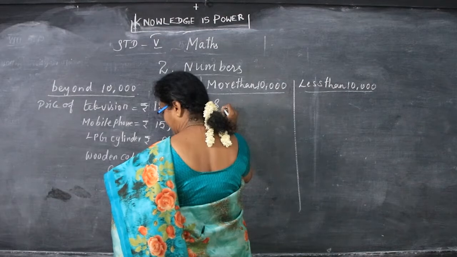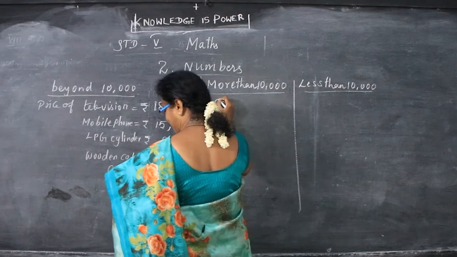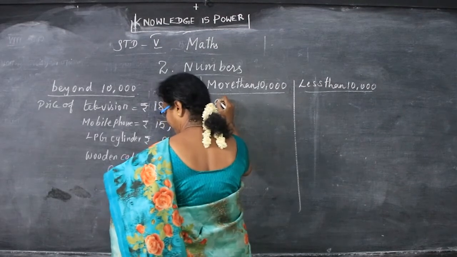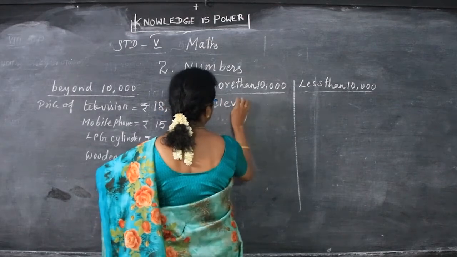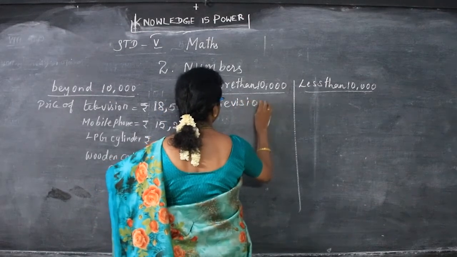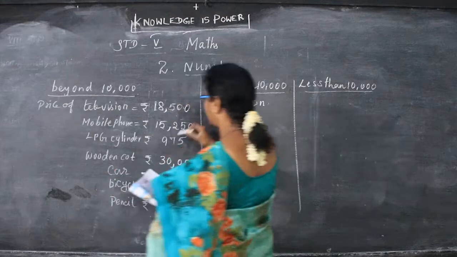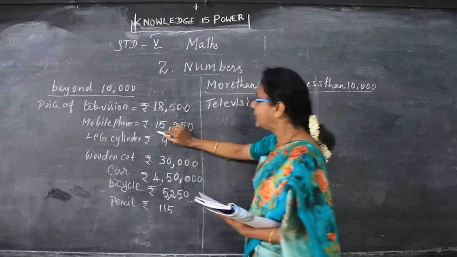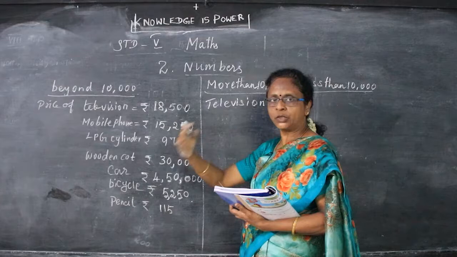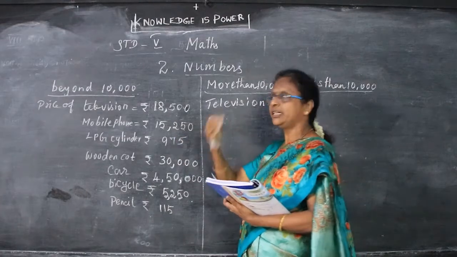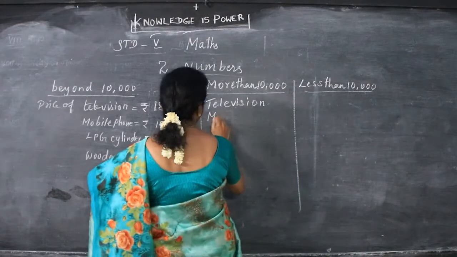Classify the data. So what are the items? Television. The television is more than 10,000. And then the next item is the mobile phone. The mobile phone is 15,250. This is also more than 10,000. You can write here mobile phone.